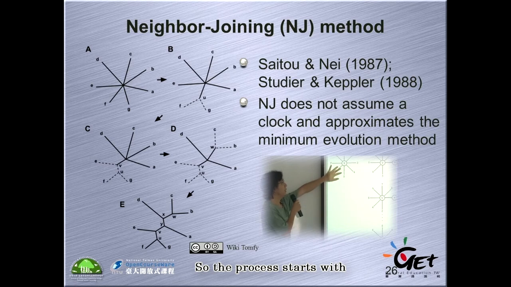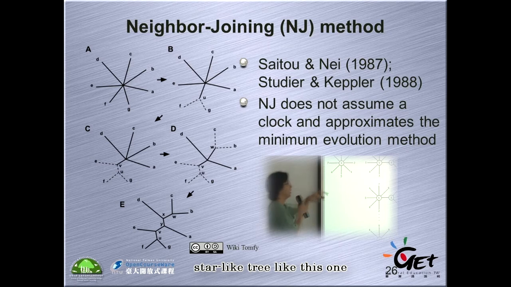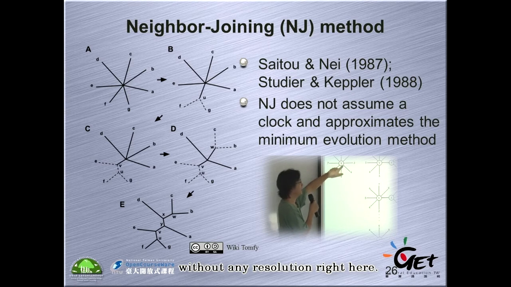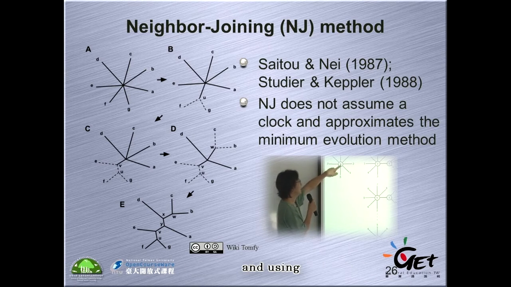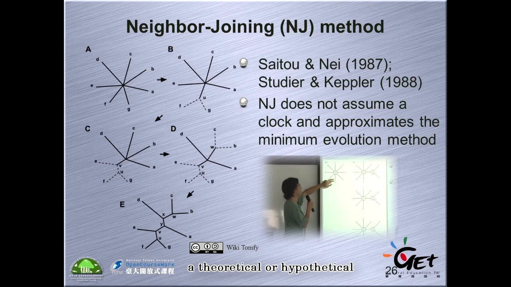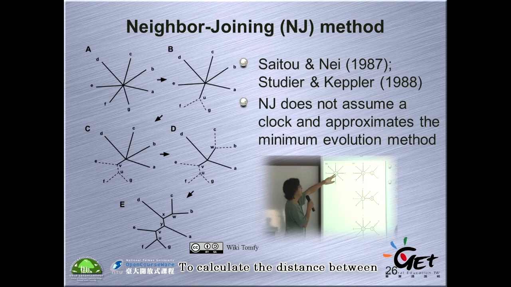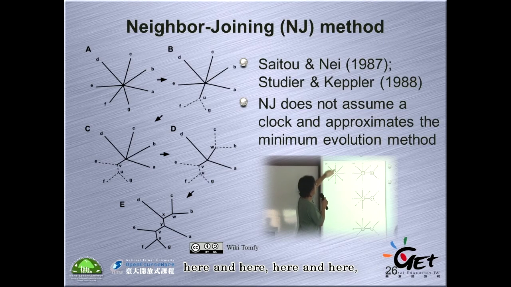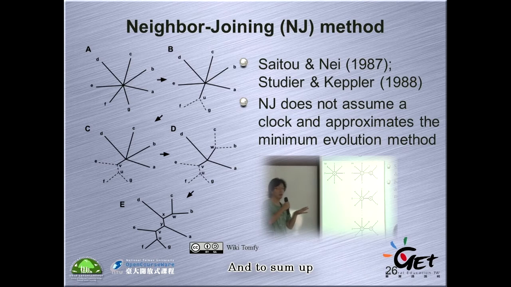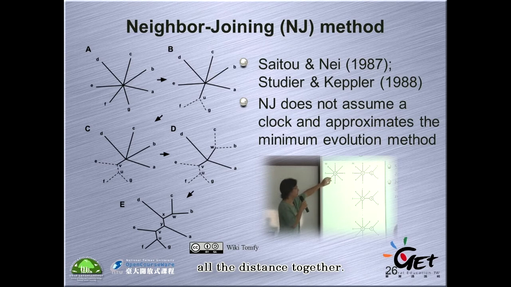The process starts with a star-like tree like this one, without any resolution. First you calculate a distance using a theoretical or hypothetical node, this x, calculating the distance between here and here and everything, and sum up all the distances together as a first measure.